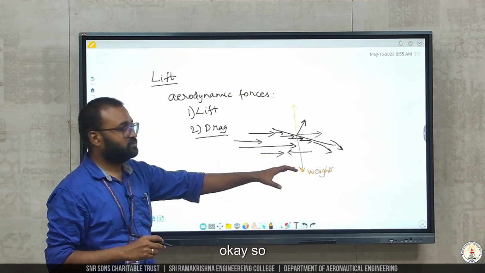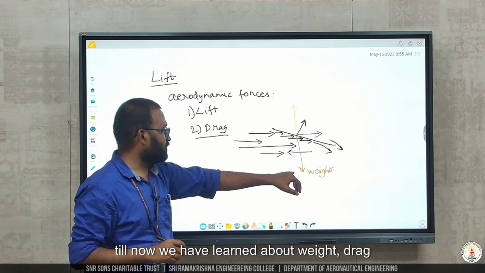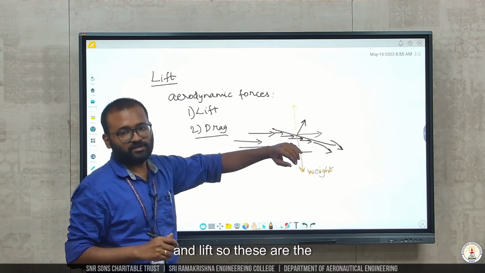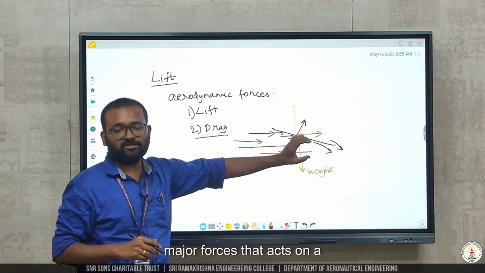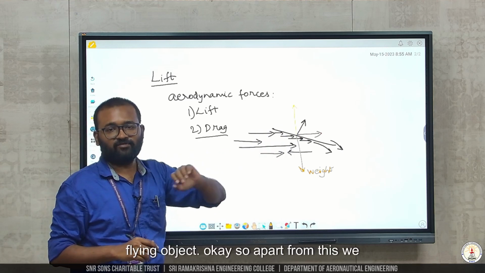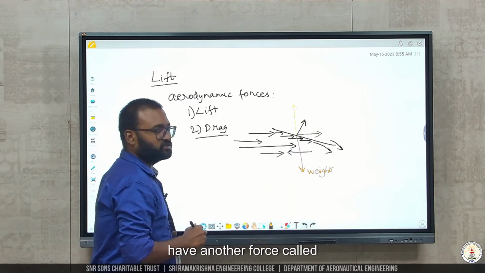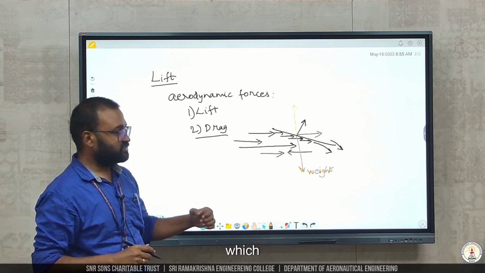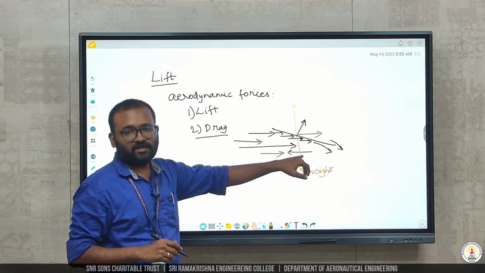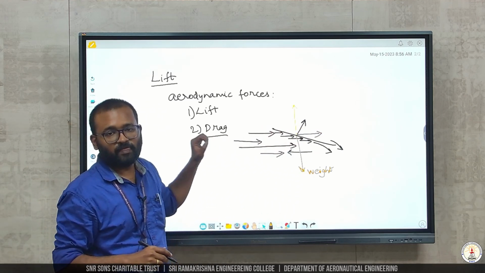So till now we have learnt about weight, drag and lift. These are the major forces that act on a flying object. Apart from this we have another force called thrust, which overcomes the drag and pulls the flying object forward.